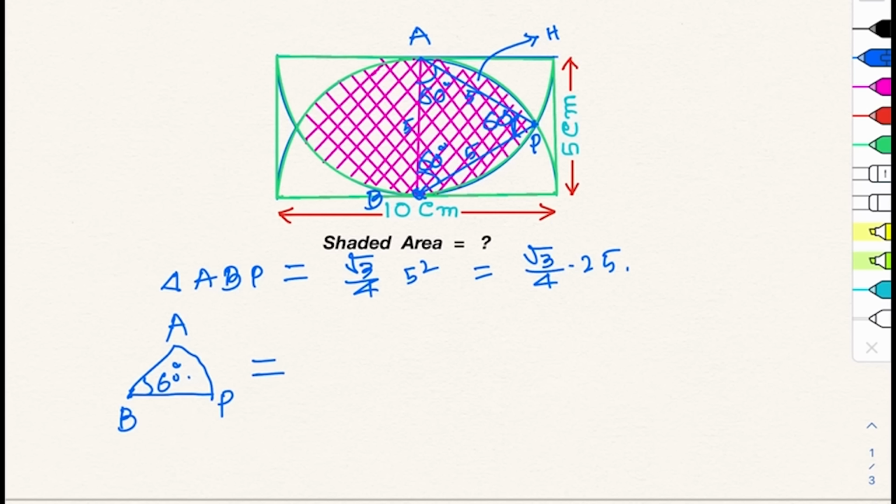That is 1 by 3 of pi r square by 2, means pi times 5 square by 2. So that will be the area of the BAP portion of the circle, equal to 25 pi by 6.